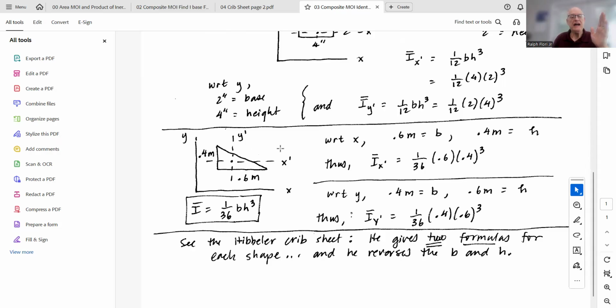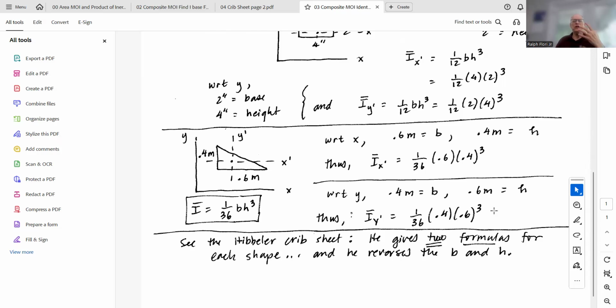With respect to the y-axis now, the dimension parallel to the y is the 0.4, so that becomes the base, and the dimension perpendicular to the y is 0.6, so that becomes the height. And so the I bar around the y-axis is also 1/36 BH cubed, but now the base is 0.4 and the height is 0.6 cubed.